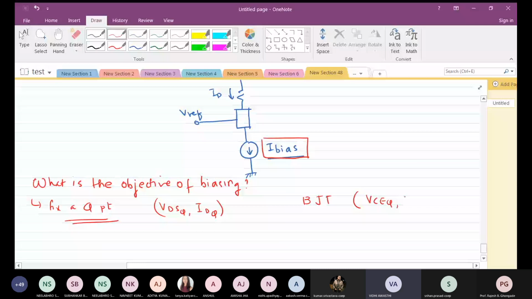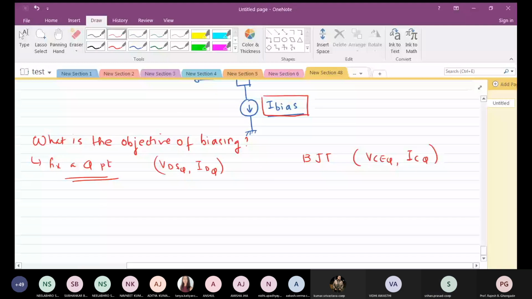See the correlation, see the similarity. So that is our objective. And how did you do that? In case of BJT also, we fixed up this IC. Here in case of MOSFET, we are going to fix the ID. And we said that this ICQ should be as stable a quantity as possible. Please remember, this is the DC value, on the top of which my input signal is going to work.